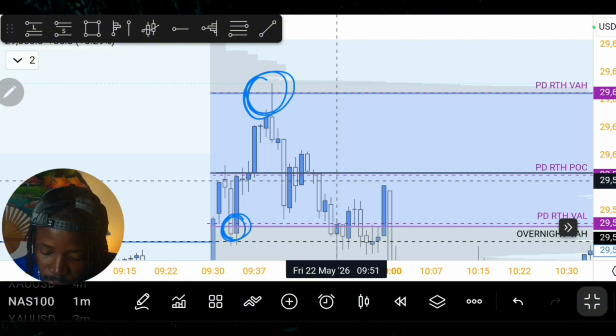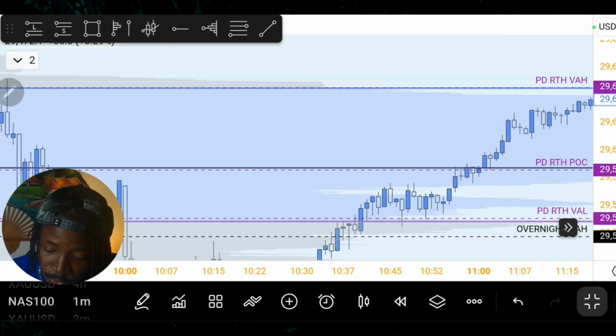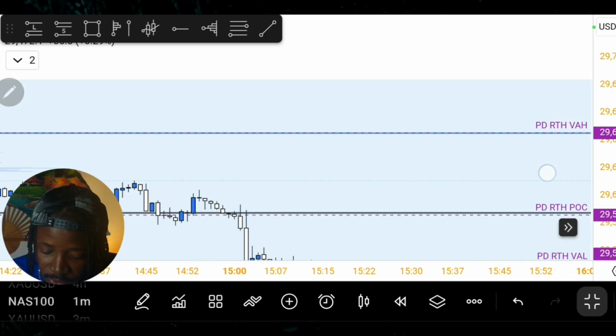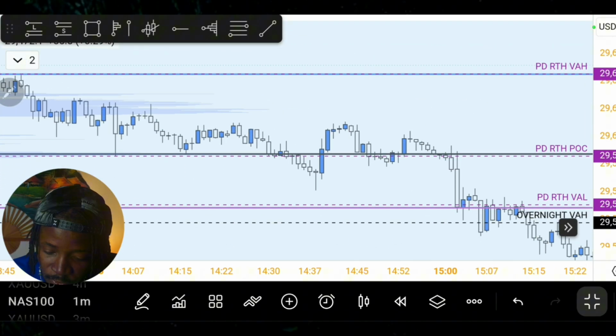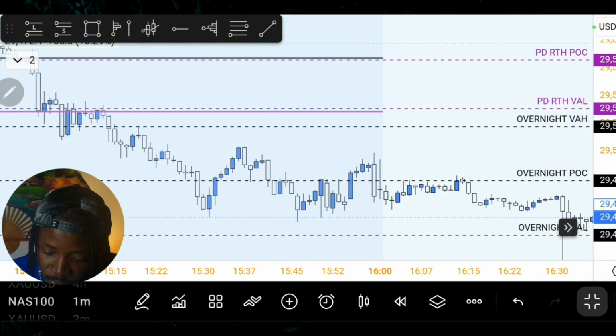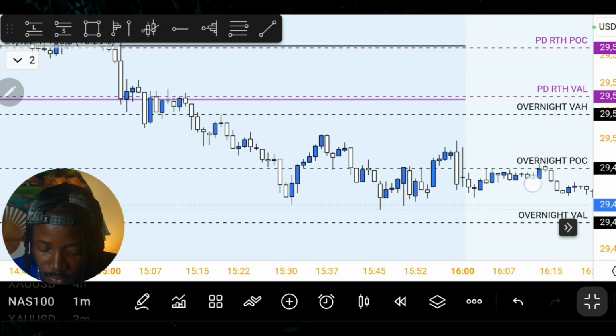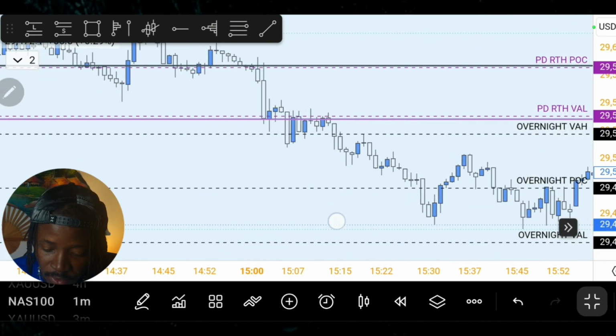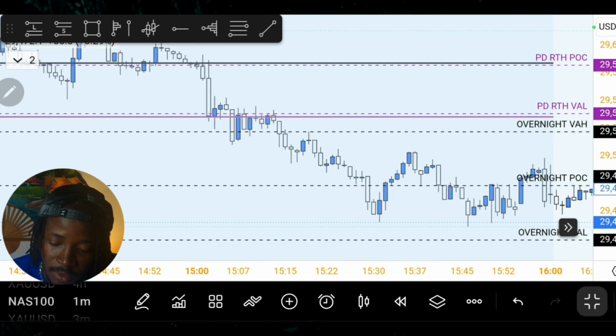It broke down here, went back up and reacted close to the POC and broke down. So I'll just take you to the chart so that you see some for yourself. You see some of the reactions, you see the way it reacts, and then you can use that for yourself to take trades. Super easy, not complicated at all, and that's how it is done.